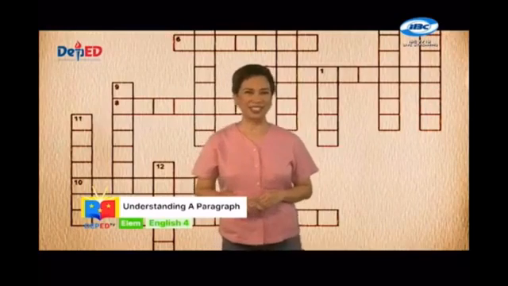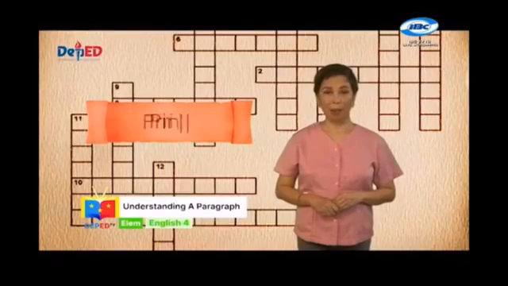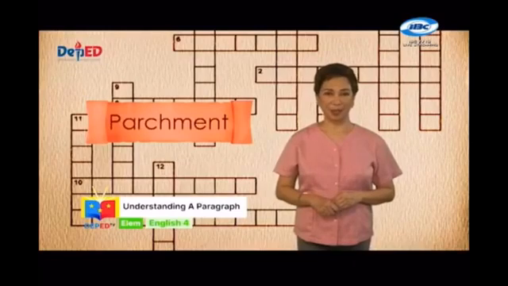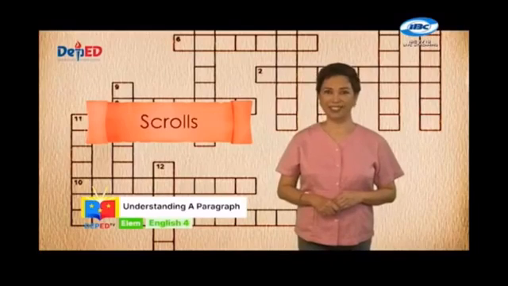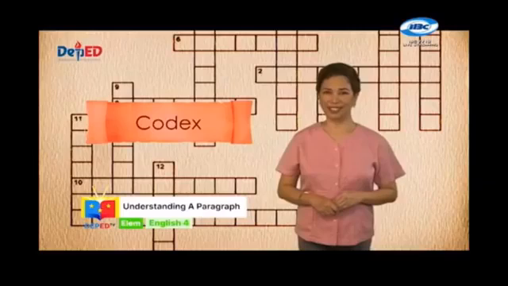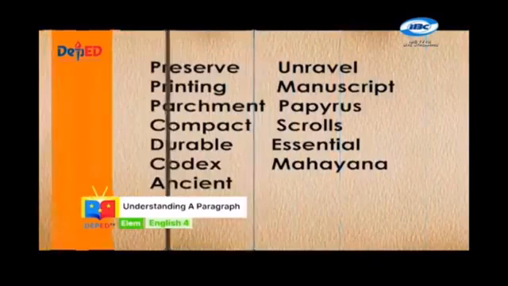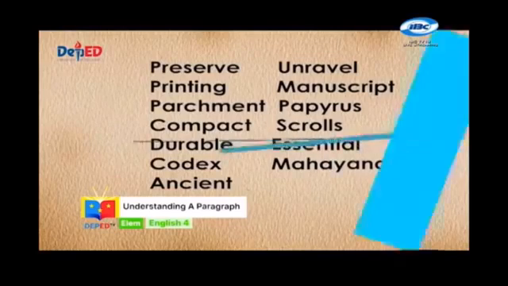These are the words: preserve, unravel, printing, manuscript, parchment, papyrus, compact, scrolls, durable, essential, codex, Mahayana, ancient. All you have to do is select the word that is being described. Don't worry, because I will be giving you examples on the words that can be used in a sentence.